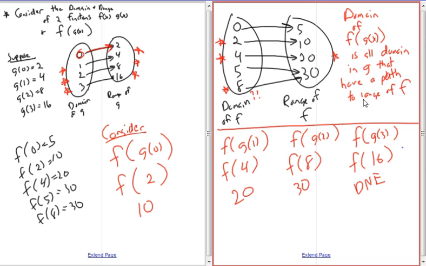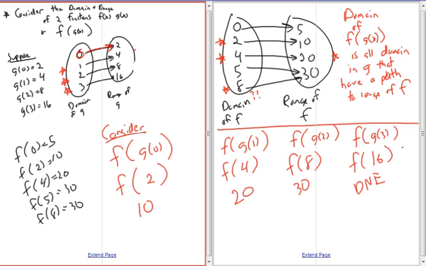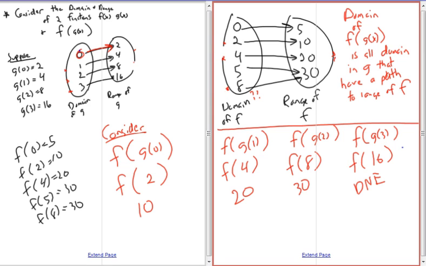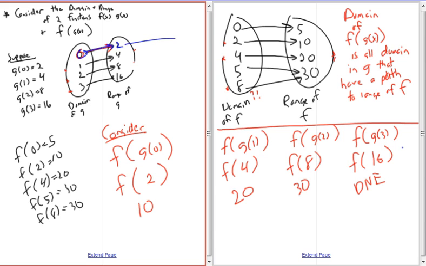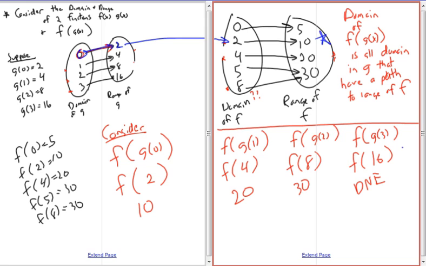So every x value here that I can put in, and I can trace all the way through, and I end up with a value here. So I'll erase these stars so we can go through here a little better. So 0 goes to 2, and 2 as an input is allowed, and I end up with 10. Okay, so 0 is an acceptable part of the domain of f composed of g of x.